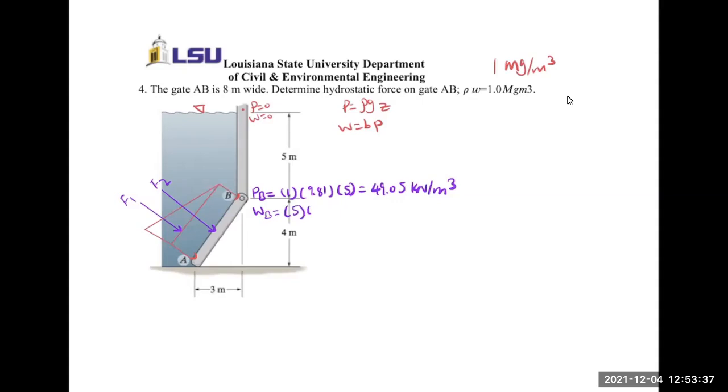Multiplied by 49.05, you're going to get that WB will be equal to 392.4 kilonewton per meter squared.